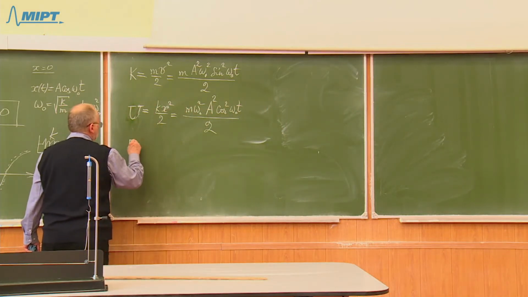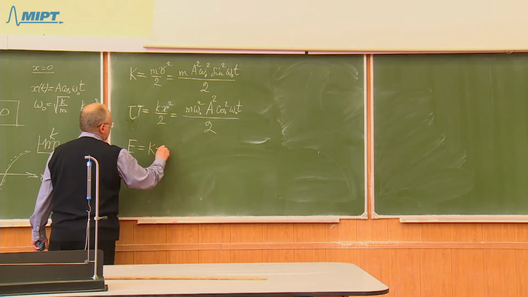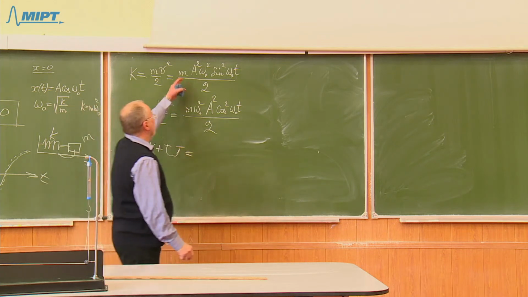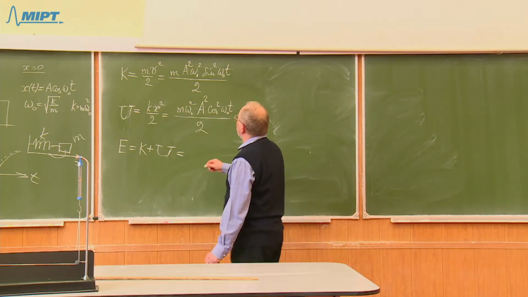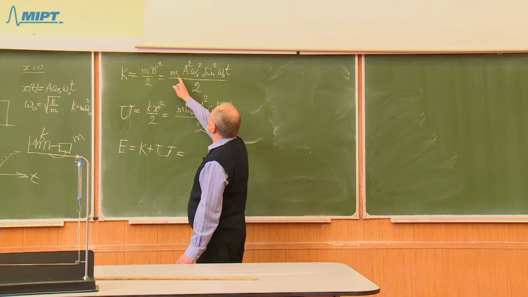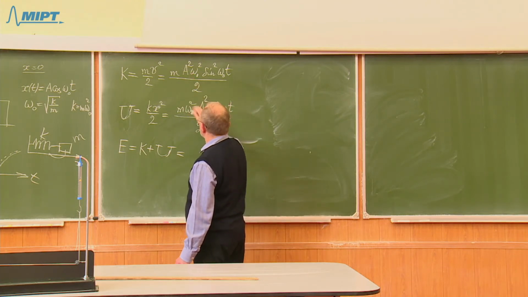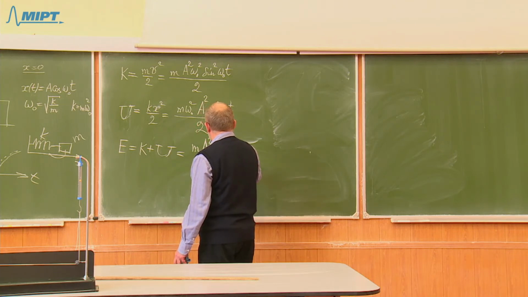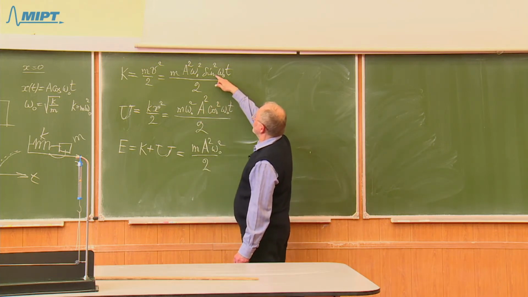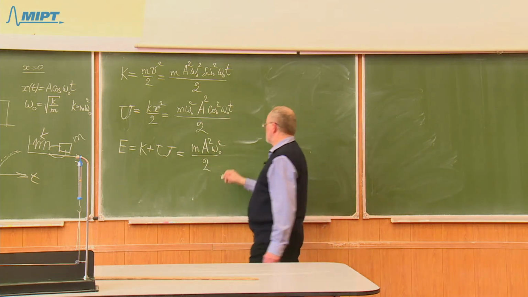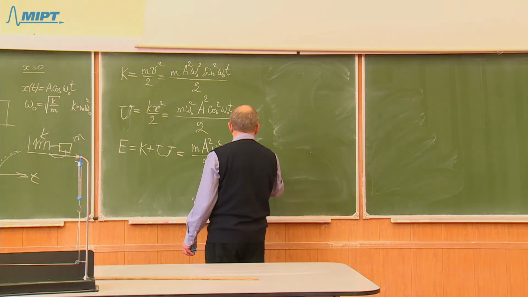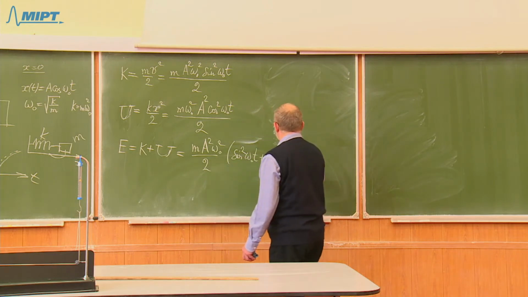Now if I consider total energy, which is kinetic energy plus potential energy in vibrational motion, I will have to add these two expressions, and that will be the same coefficient m a squared omega 0 squared divided by 2, and sine squared plus cosine squared.